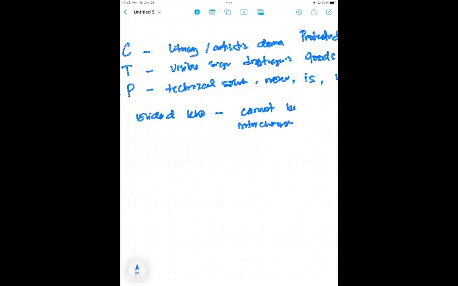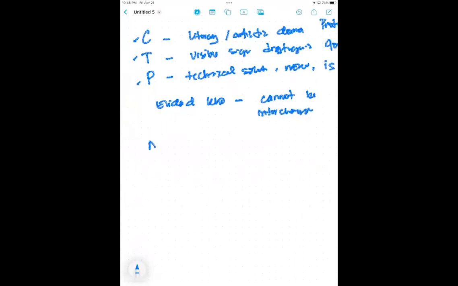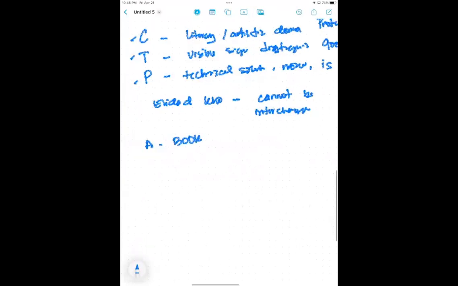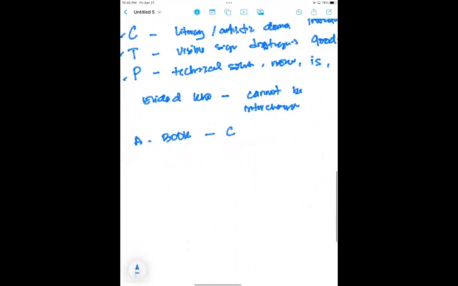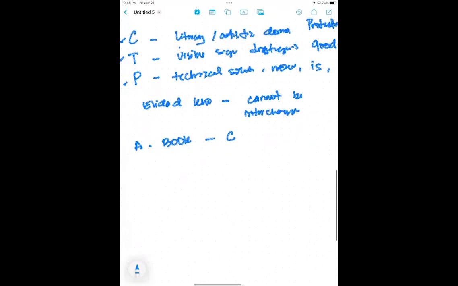Meaning if, let's say, for example, A authored a book, and this book is within the literary or artistic domain, hence this is a proper subject of copyright. Let's say B is engaged in business and he has this logo which he used to distinguish his goods from other goods.